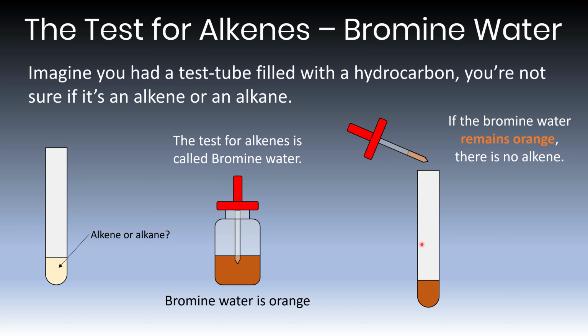So it will start turning progressively more and more orange as you add more bromine water, just because that orange colour is shining through. It's not saying there's been a change there, it's just that the orange colour of the bromine water has persisted, it's stayed there. So that means that you've had a negative result. There's no alkene present. So in this case, we're not looking at an alkene, we're looking at an alkane.